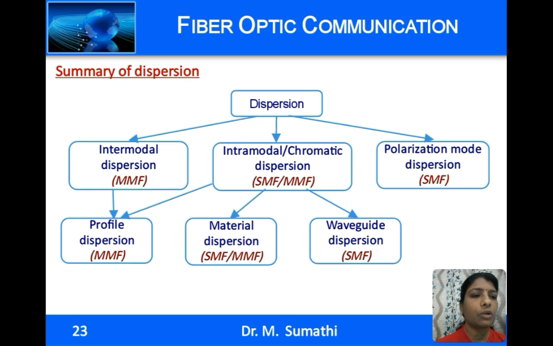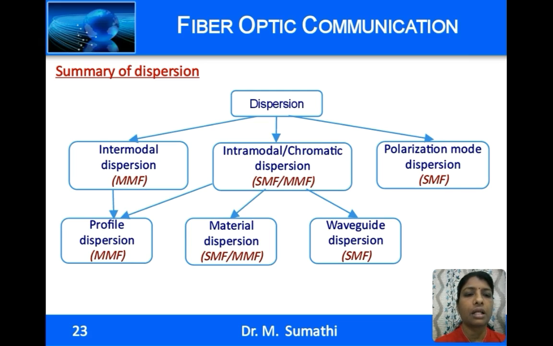Coming to intramodal or chromatic dispersion, the material dispersion is large for a multimode fiber and waveguide dispersion can be neglected. Whereas for a single mode fiber, the waveguide dispersion value is significant and more or less equal to the material dispersion. Polarization mode dispersion is significant in the case of high data rate transmission.